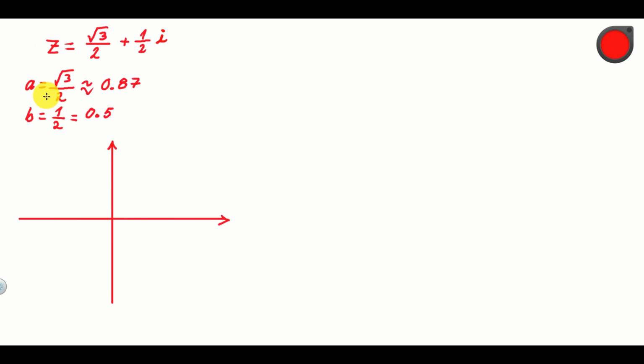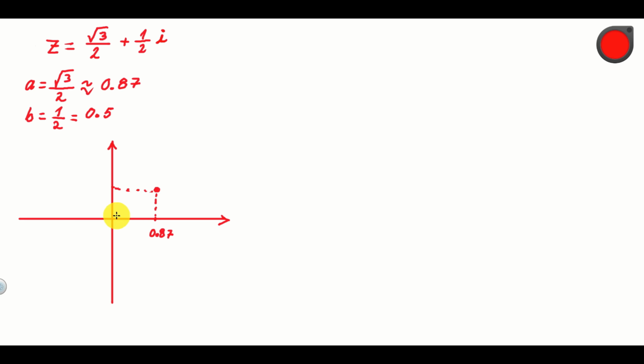Obviously, since both a and b are positive, we are considering the first case. Let's sketch it. For example, this will be a, 0.87, and b will be 0.5, and consequently our complex number is over here.